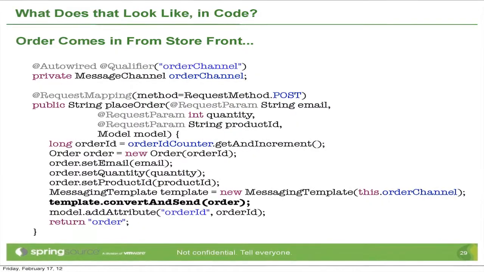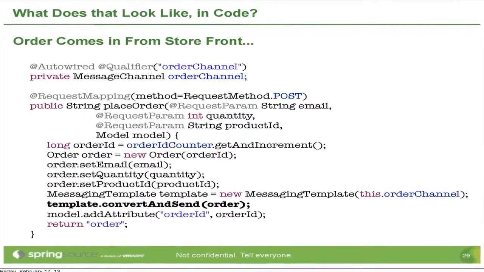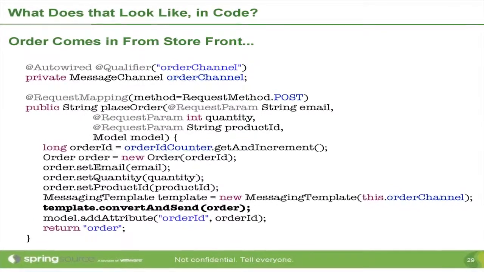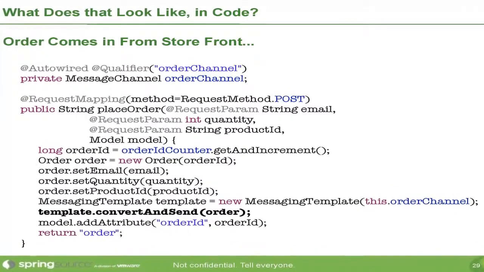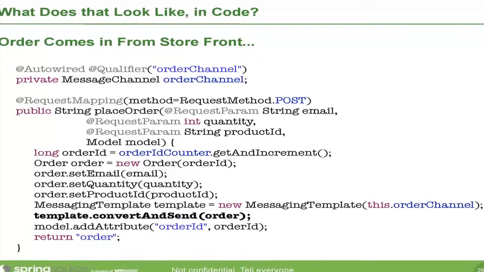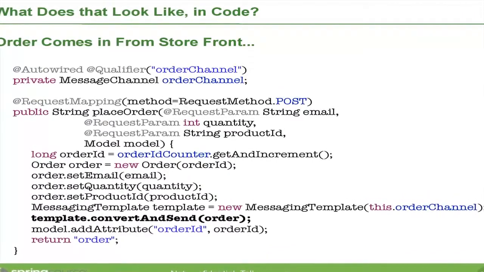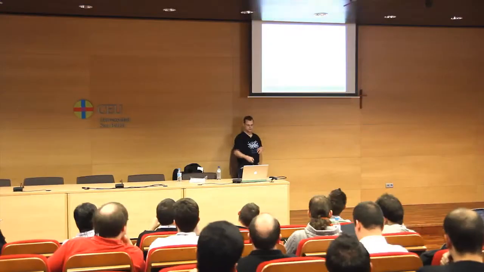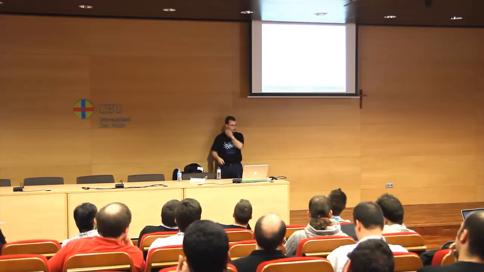We can actually build up an order object, create a messaging template from Spring Integration, and then just like the JMS template or the AMQP template, we can call convertAndSend, and we send the order, and of course, it'll get sent over that messaging template, which has a channel, where it'll be eventually routed to the object to JSON converter that we talked about earlier, right? And then from there, it'll get moved on to other pieces in the chain. Very natural, very, very clean.